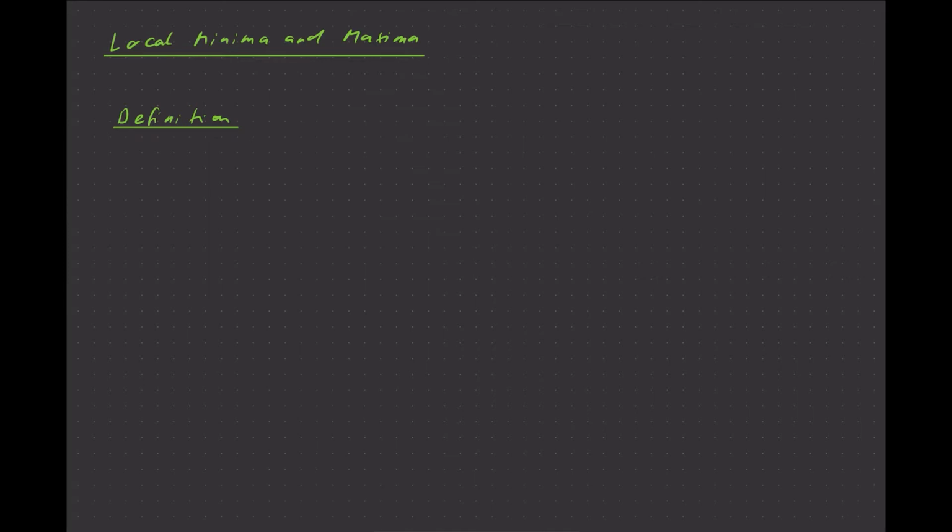And as usual, we do this for functions defined on an interval because that is the setup that we need for our differentiable functions. So let I subset of R be an interval and f: I to R a function on I.